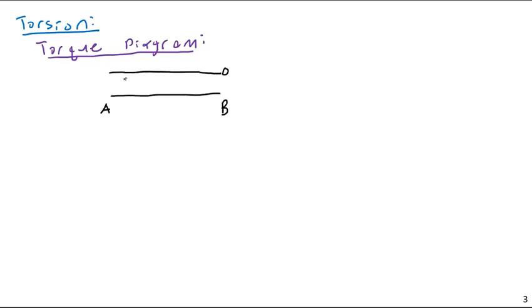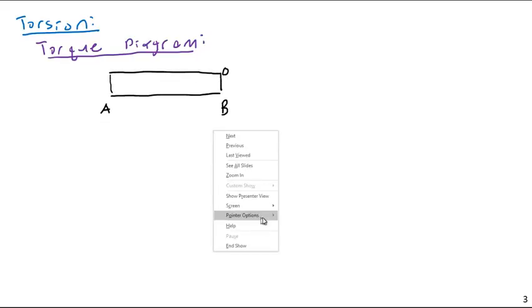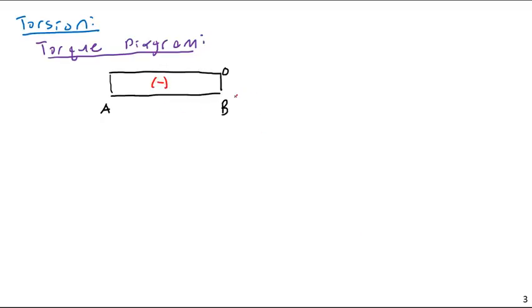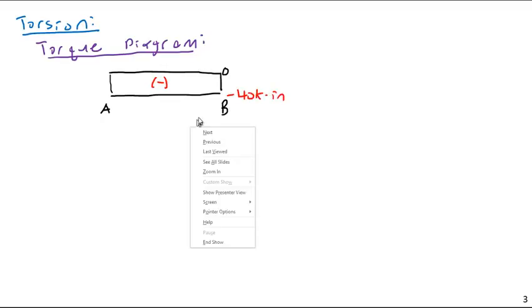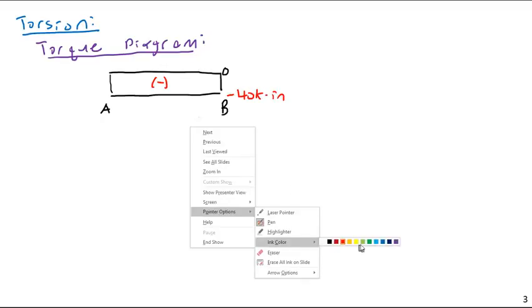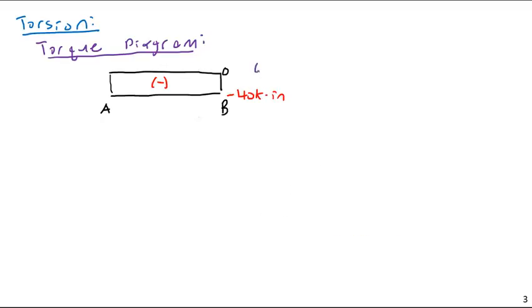The whole thing is negative. So this is just negative 40 kip inches, going from A to B.